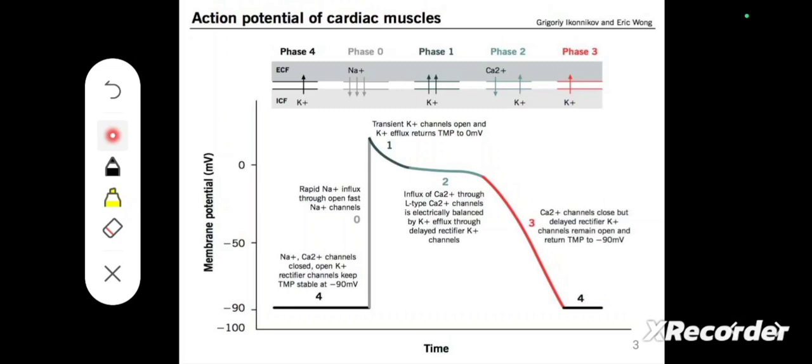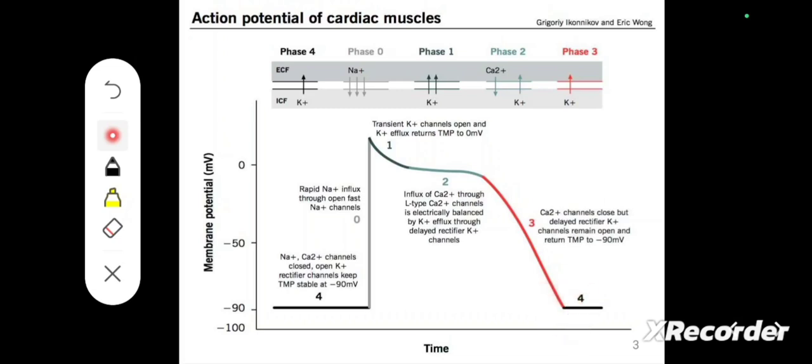Thus at the end of repolarization, phase 3, the transmembrane potential is restored back to minus 90 millivolts, but now the intracellular fluid has lost potassium ions and gained sodium ions.